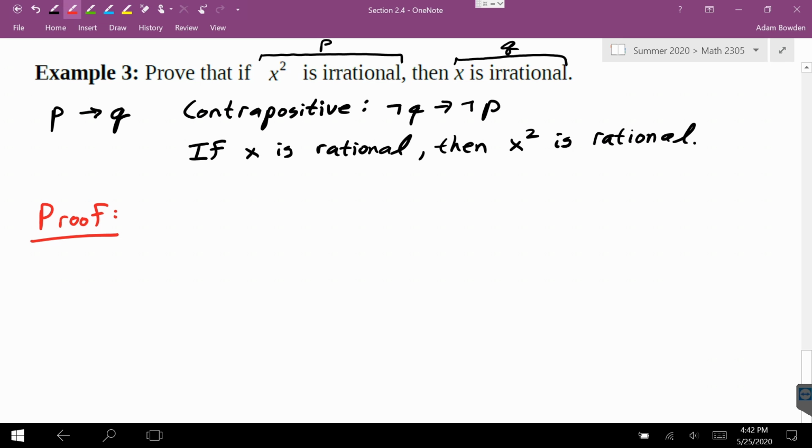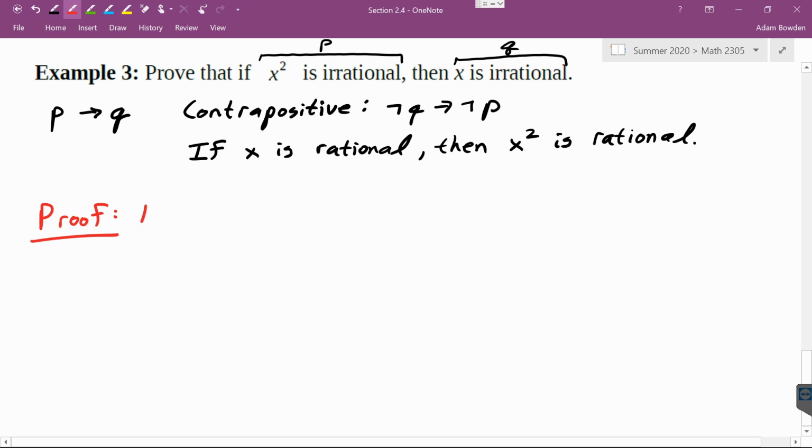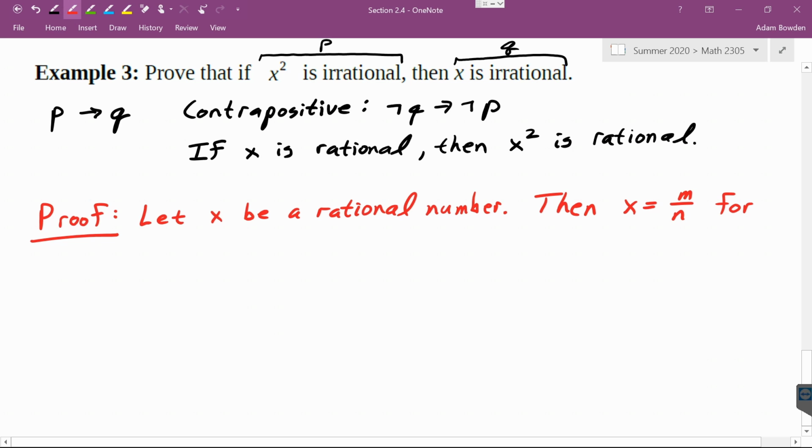We start off with the first part that says x is rational. So what we'll do is we'll say let x be a rational number. Since we're saying it's a rational number, we should be able by definition to write it in a certain way, which is x is equal to m over n for two integers m and n, of course, with n not equal to 0.